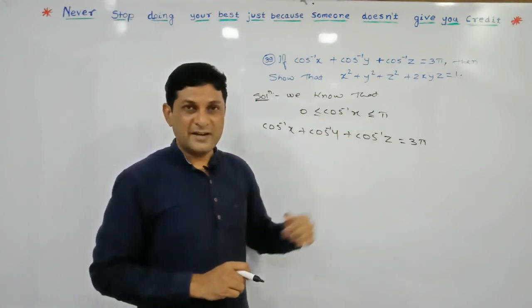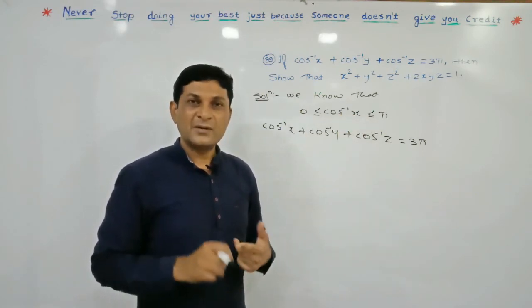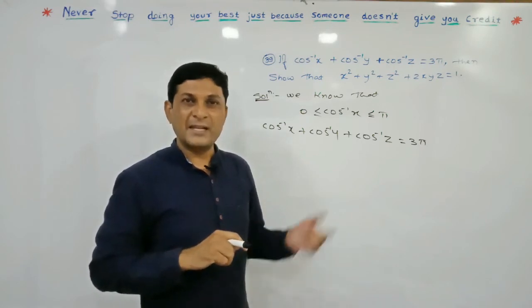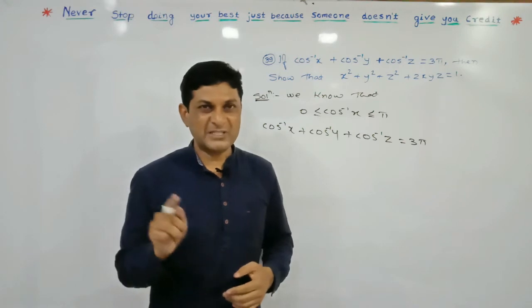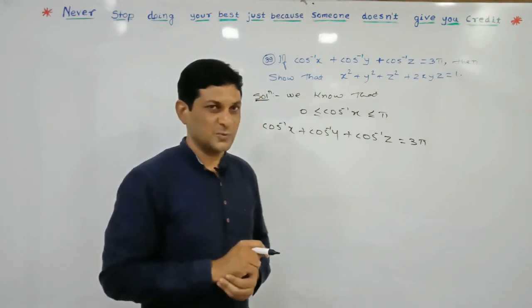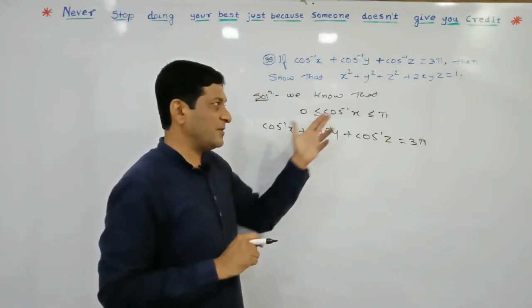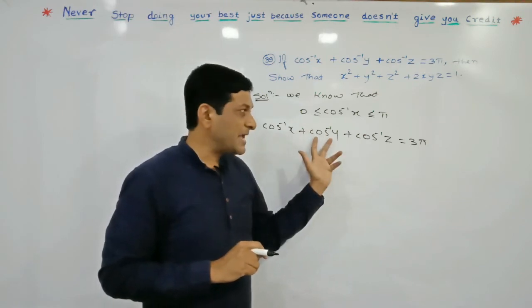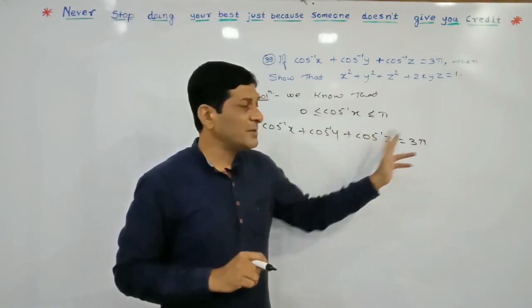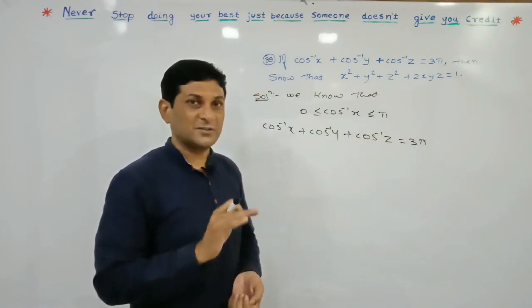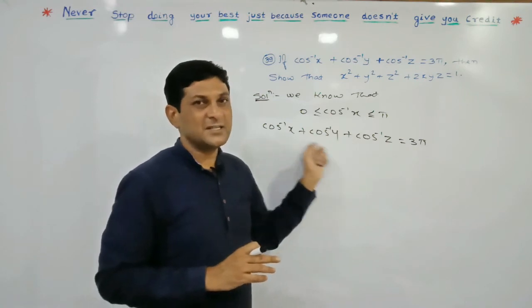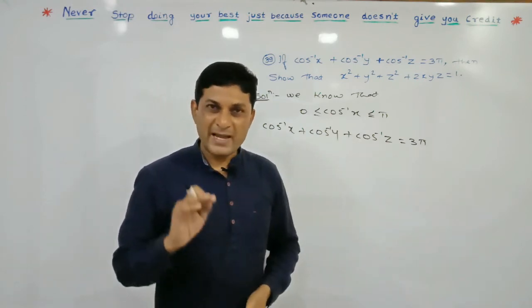According to our definition, the value of cos inverse of x lies between 0 to pi. If we consider the greatest value pi for each, only then their addition will be equal to 3 pi. If we consider even a slightly smaller value, their addition cannot be 3 pi.